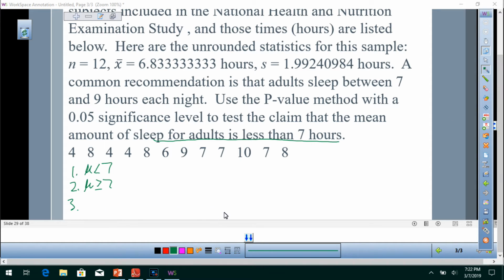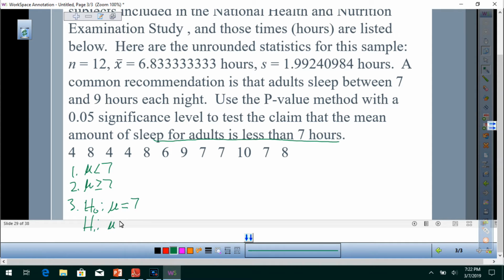Well, our null hypothesis is going to be mu equals 7, and our alternate hypothesis is going to be mu is less than 7. Now that's our original claim.